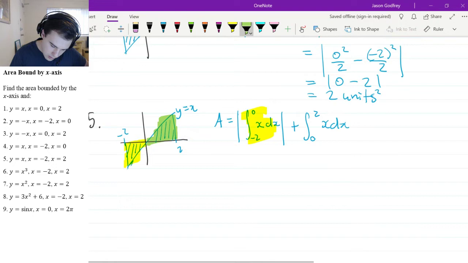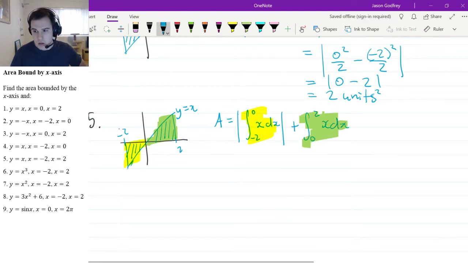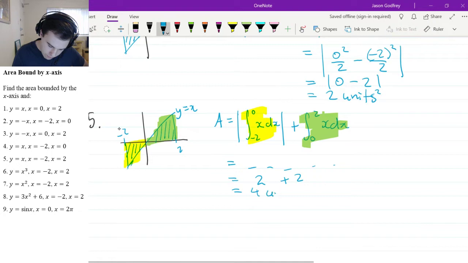This piece here comes from there. We've already done these calculations above, so I'm not going to repeat them. We've got 2 plus 2 is 4 square units, as expected.